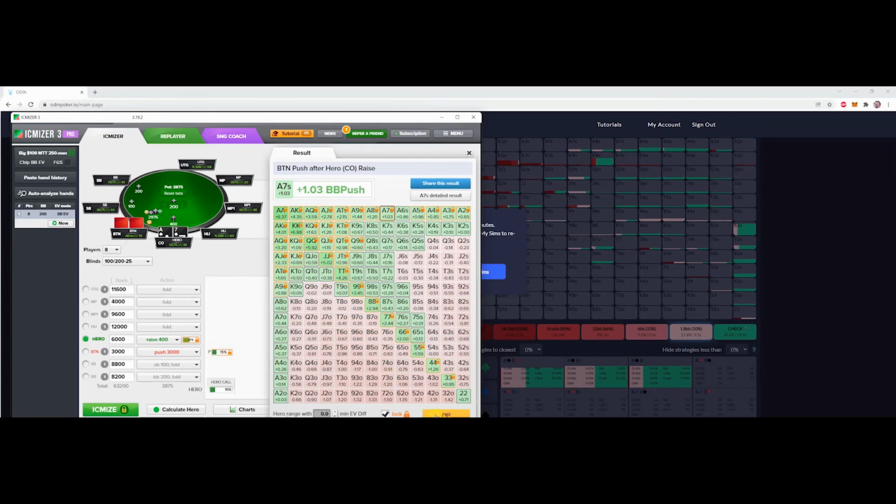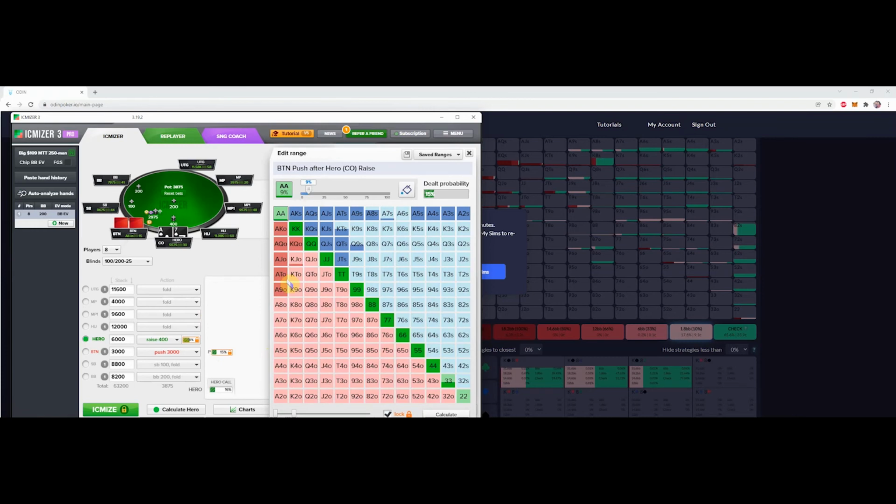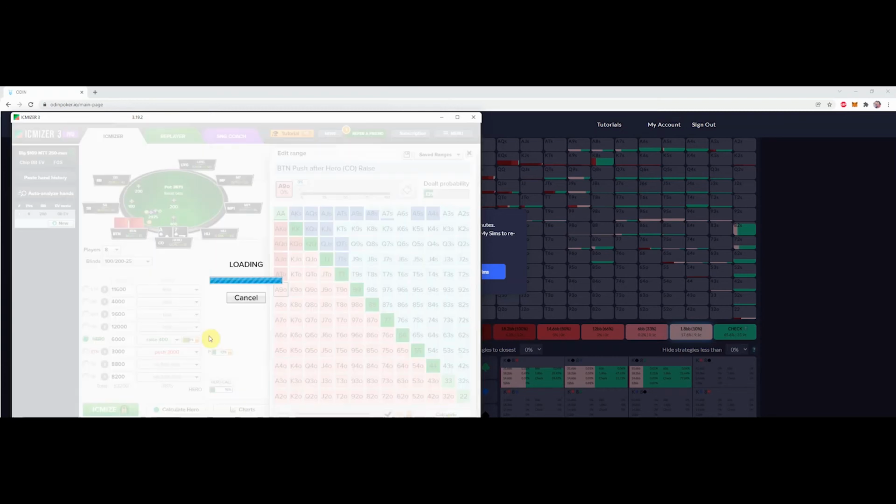We could adjust ranges to take out some pocket 3s. Maybe they just decide to call ace-deuce and ace-3 sometimes. Maybe they don't full-weight jam the king-10 suited, king-9 suited. We'll take the king-jack out, even some ace-9, and just make it a little bit tighter here. We were calling 16% before, and now this number is going to go down a little bit, obviously because it has to call versus a tighter range here.